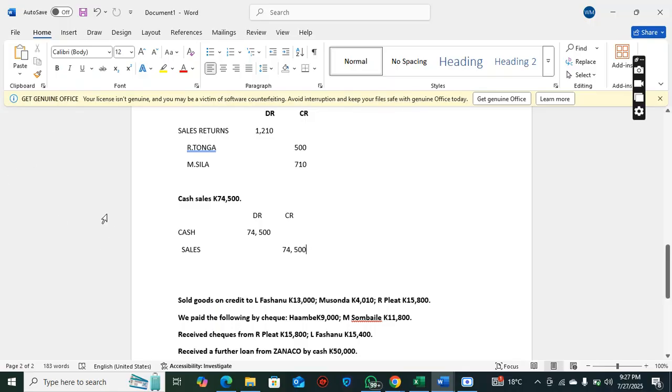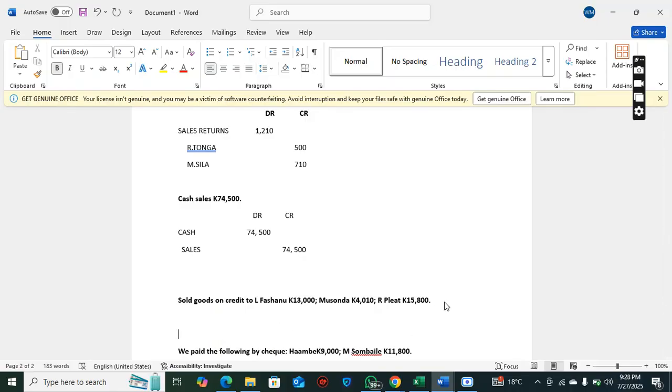Okay. Sold goods on credit to El Fashanu 13,000, Musonda 4,010, Araplit 15,800.